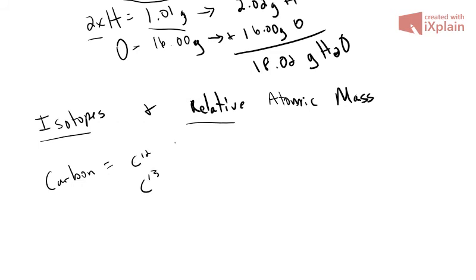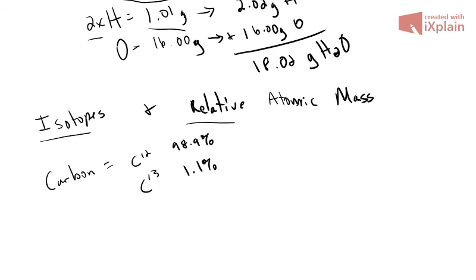Now, carbon 12 is like 98.9% of the abundance. So if you had 100 carbon marbles inside a bag, 98.9% of the time, you would reach in and grab carbon 12. And then 1.1% of the time, you would reach in and grab carbon 13.